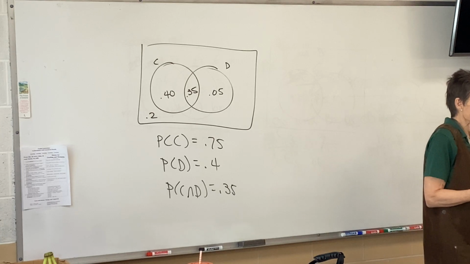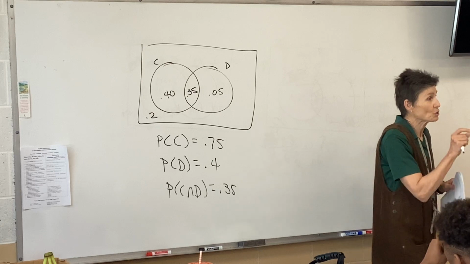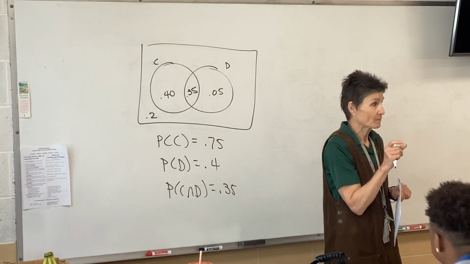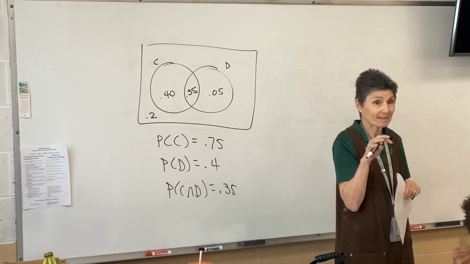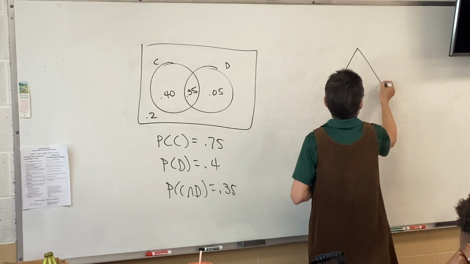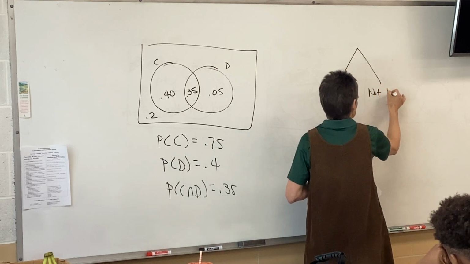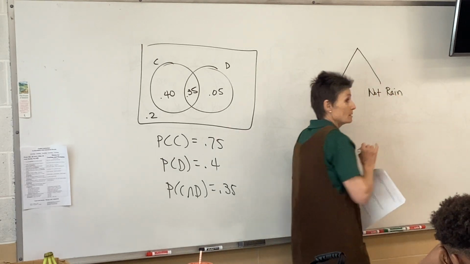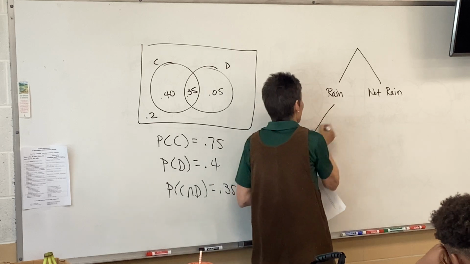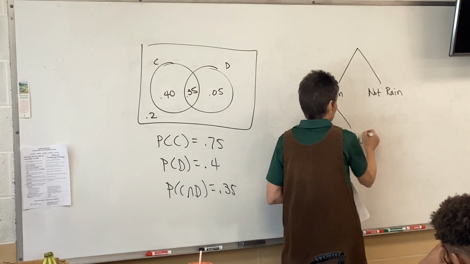Read the very last line, the actual question. Find Joe's probability of doing homework. Whatever the question asks for, that's going to be the second thing you consider. So the first thing I'm going to consider is it's going to rain or not rain. And then I'm going to do homework or not do homework.